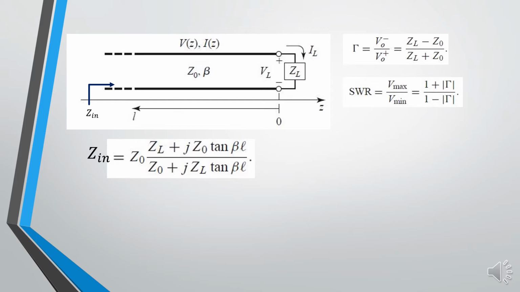From that pattern we can find the ratio between Vmax and Vmin, and that is known as the standing wave ratio, or voltage standing wave ratio, VSWR. It is related to the reflection coefficient by the formula 1 plus the magnitude of rho divided by 1 minus the magnitude of rho, right?